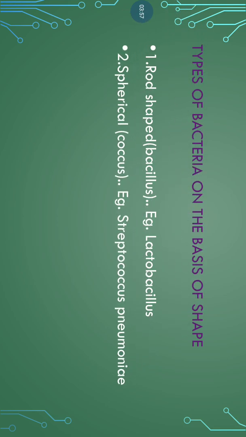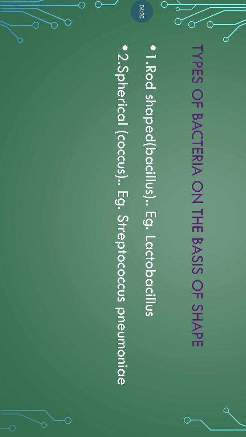The second type of bacteria is spherical or Coccus bacteria. The body shape is rounded or spherical, and an example of this bacteria is Streptococcus pneumoniae. There are still many bacteria of different shapes.